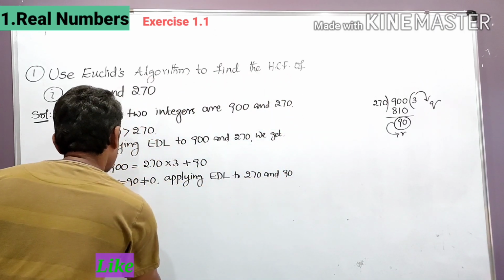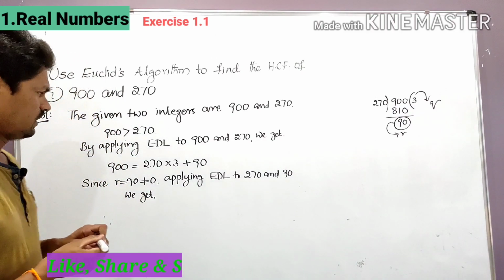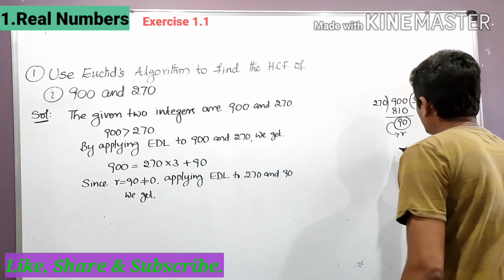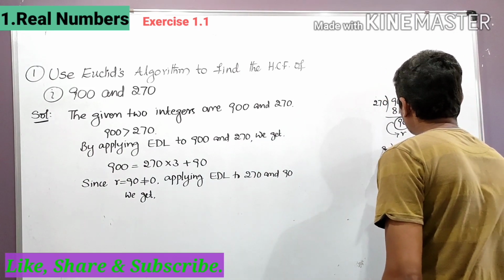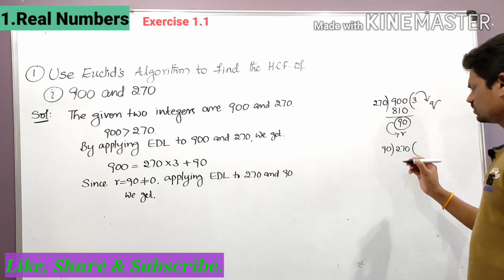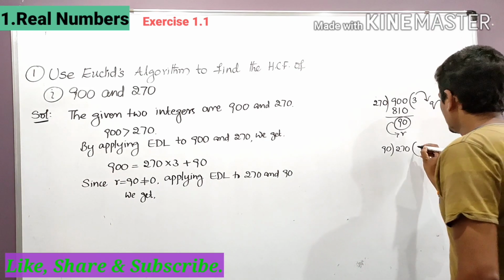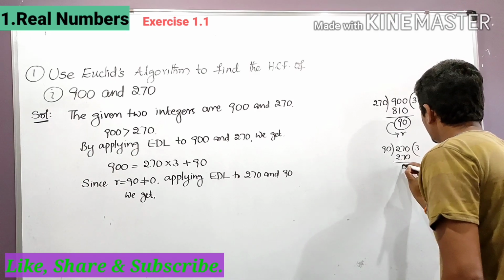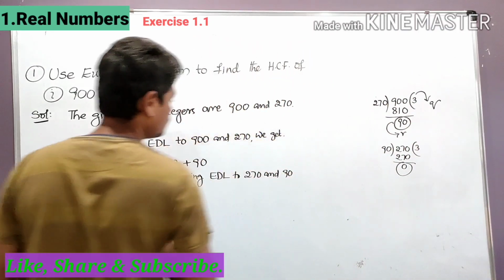We divide 270 by 90. How many times does it go? 9 3s are 27, so 90 into 3 is 270. So 270 minus 270 is 0. Here the remainder is 0.